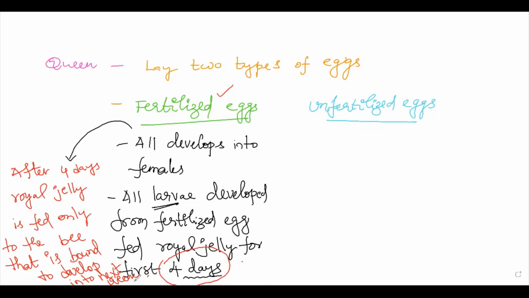Only the queen is fed on royal jelly; the remaining females are fed on bee bread.